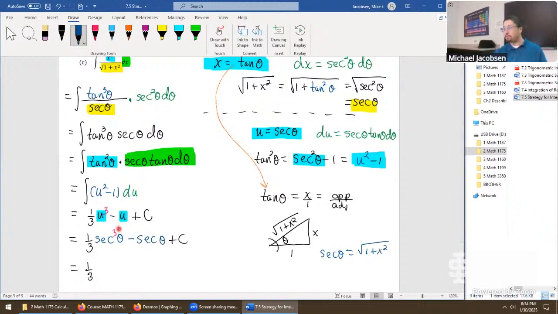So I think a nice way to write this would be 1 plus x squared to the power 3/2. Denominator here, 2, is just because of the square root. Numerator power here came from that power over here. Then go minus root 1 plus x squared coming from that last secant theta right over here. Add our constant c, and we did it.